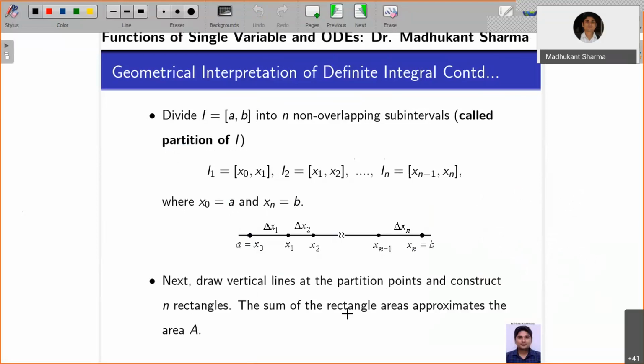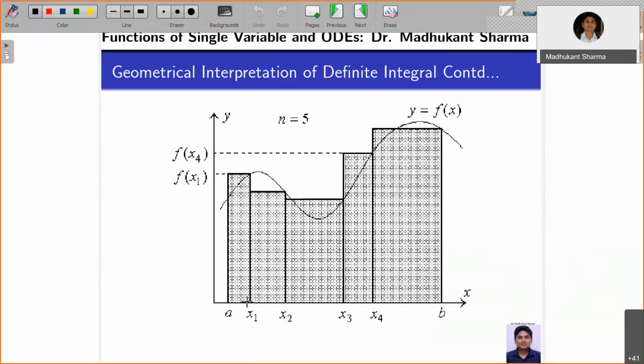The sum of the rectangle areas approximates the area, which is what we have just spoken about. Suppose n equals 5. That means you have 6 points, x0, x1, x2, x3, x4, x5. Some of the rectangles are above the curve and some are below, so keep that in mind.